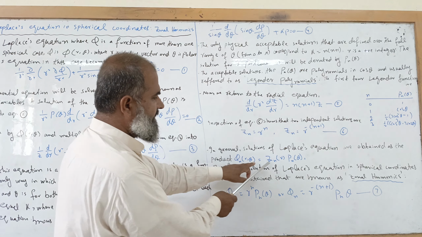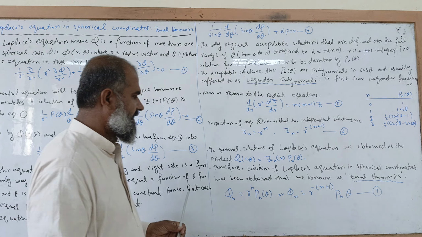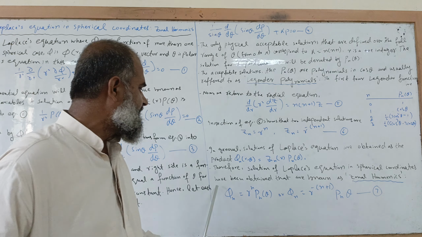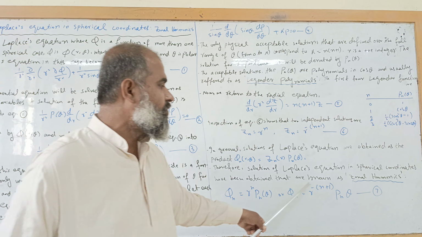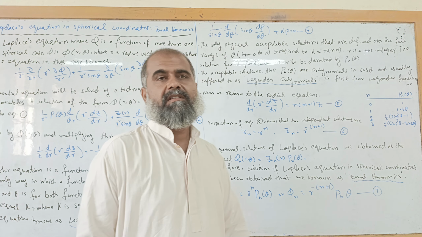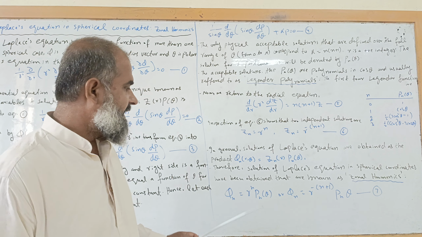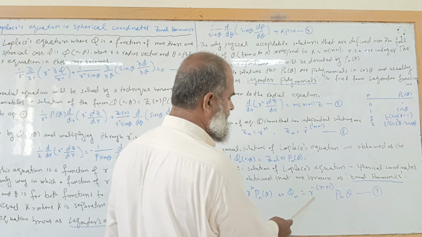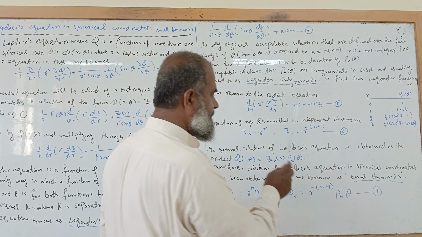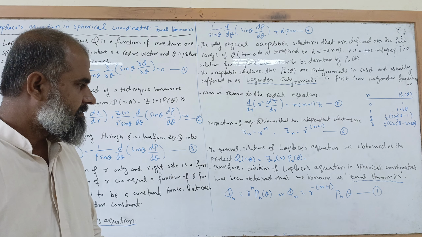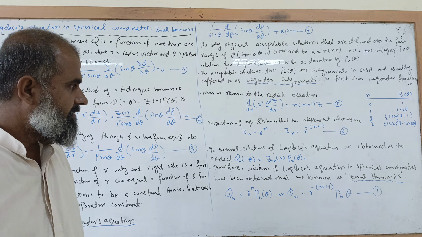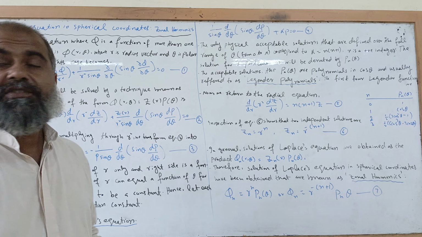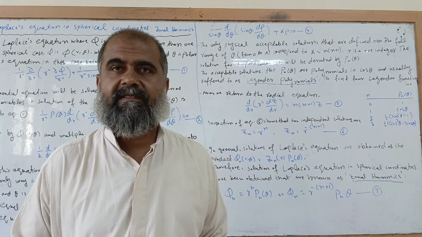Therefore, solutions of the Laplace equation in spherical coordinates have been obtained that are known as zonal harmonics and are given as phi n is equal to Rn Pn of theta, or phi n is equal to R to the power minus n plus 1 times Pn of theta. So these are the zonal harmonics obtained for the Laplace equation in spherical polar coordinates.